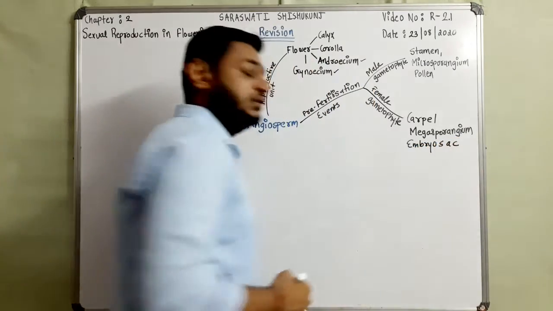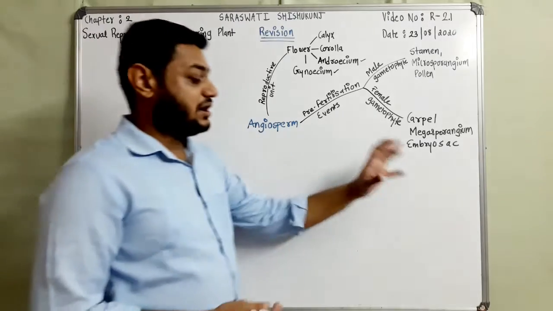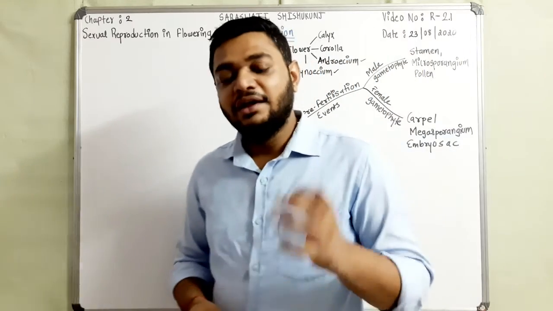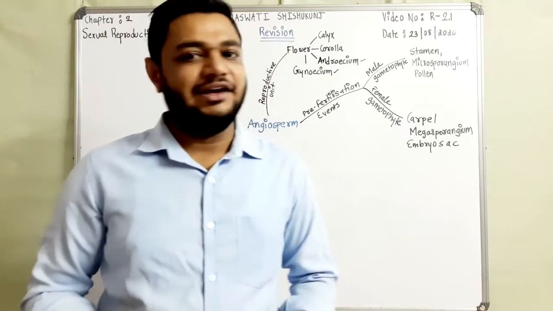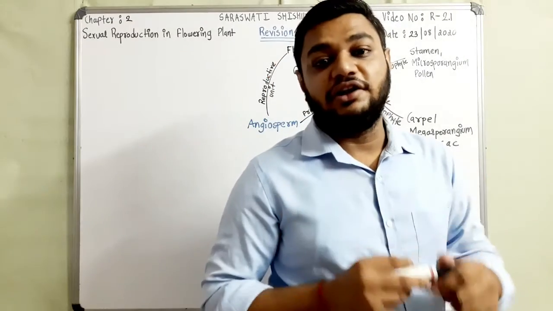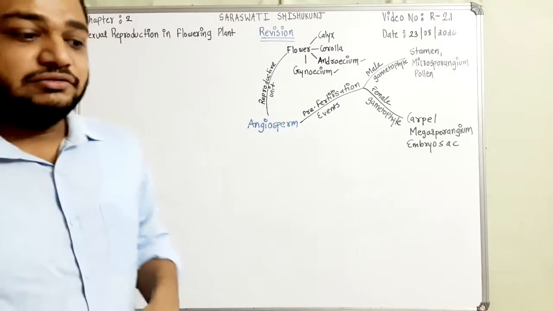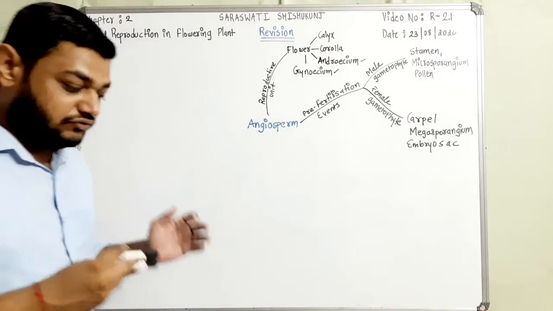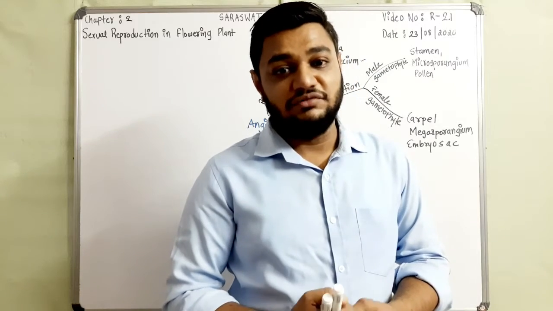Carpel also consists of three parts that we have already studied: stigma, style and ovary. Stigma is the receptive surface for the pollen. A stalk-like structure is referred to as style, and the swollen basal part is referred to as ovary, which bears the ovule, that is megasporangium.